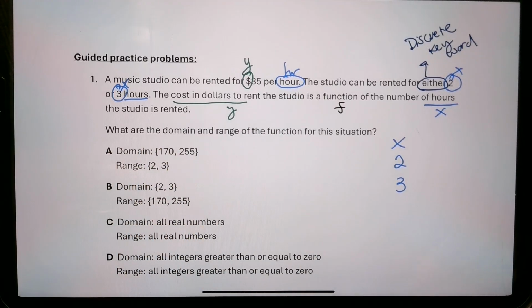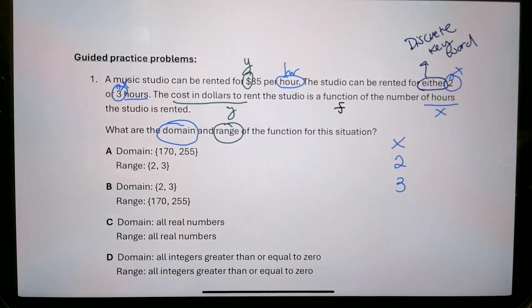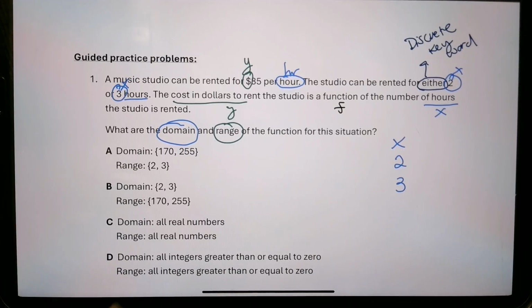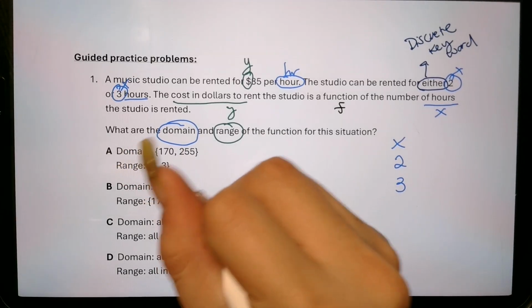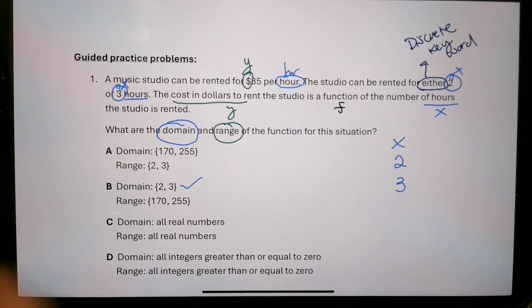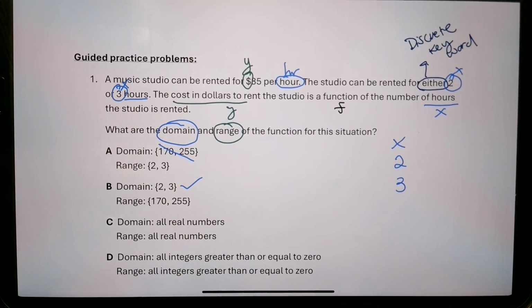What are the domain and range of the function for the situation? I already have my domain right here. It's 2 and 3, and that is it. So this one is right based off of that.